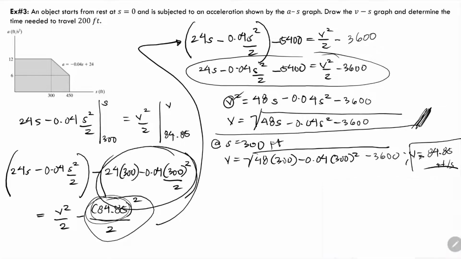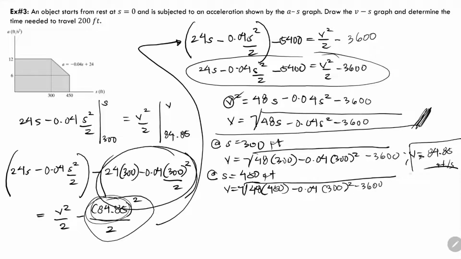Next, at s equal to 450 feet, v is equal to the square root of 48 times 450 minus 0.04 times 450 squared minus 3,600. The value of the velocity now is 99.499, or simply 99.5 feet per second.